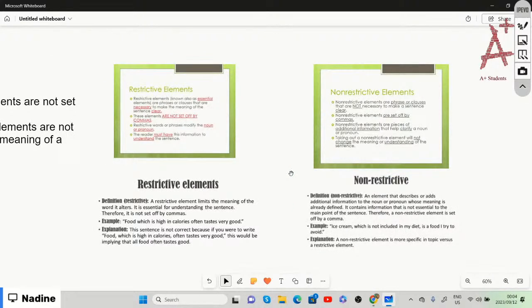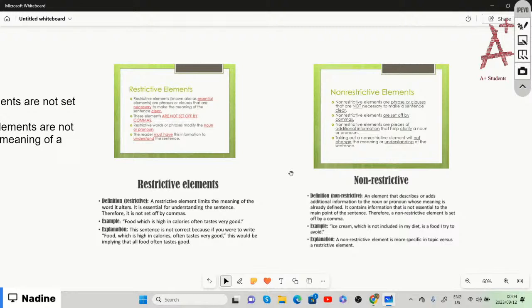So as much as we say that the restrictive elements are not set off by any commas, right? Restrictive elements are also known as essential elements, and they are phrases or clauses that are necessary to make the meaning of the sentence clear, right?